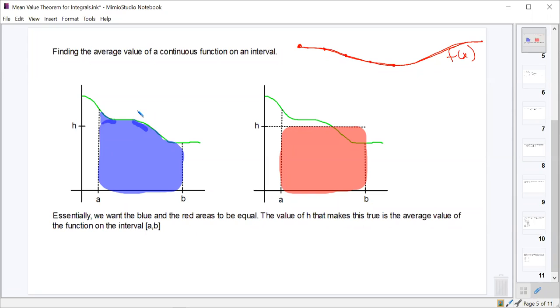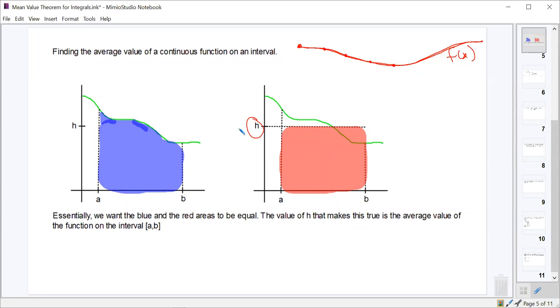What we want to do is find a height h at which the area underneath a straight line made at that height gives us an area that is equivalent to the area underneath the curve from A to B. So if I make a rectangle from A to B that goes up to h, the area of that rectangle in red needs to be exactly the same as the area underneath my curve from A to B. If I can make the blue and the red areas equal, that tells me that the average value of my function is h.